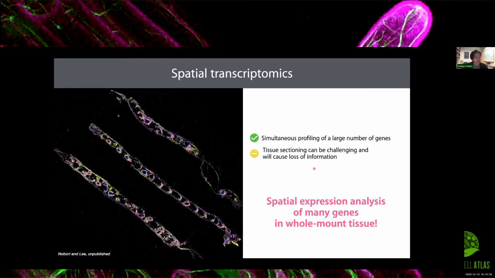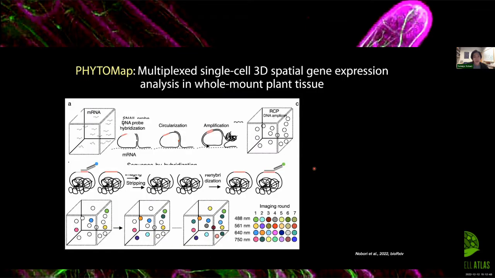And that was the motivation behind the development of PHYTOMap. So again, PHYTOMap is a solution to that problem, and it builds upon many different technologies, primarily developed in the neuroscience field. So I'll briefly explain that.